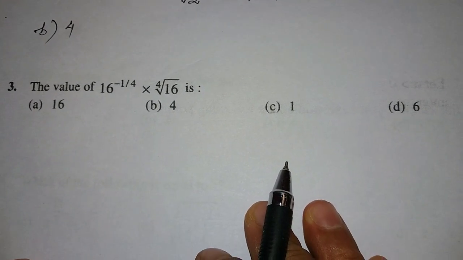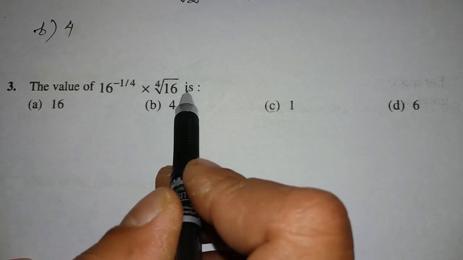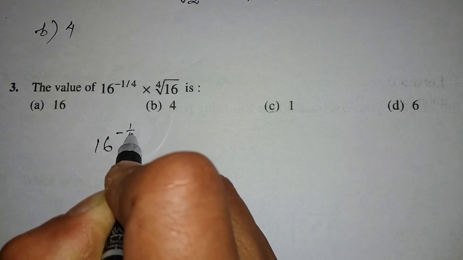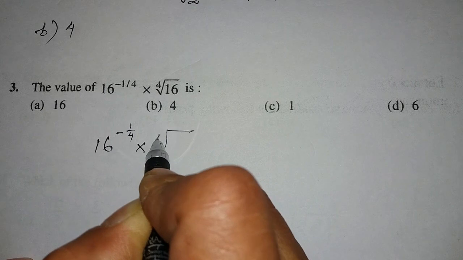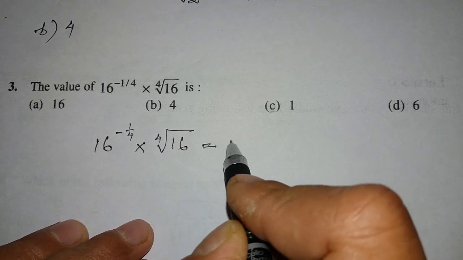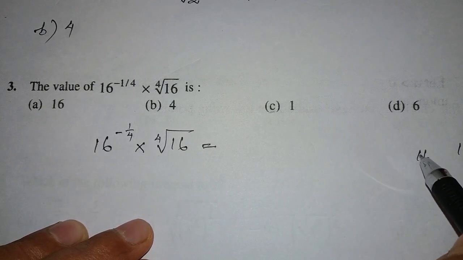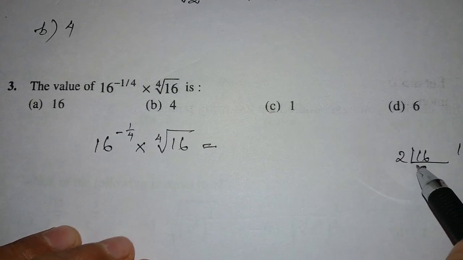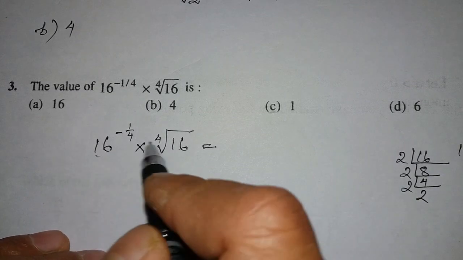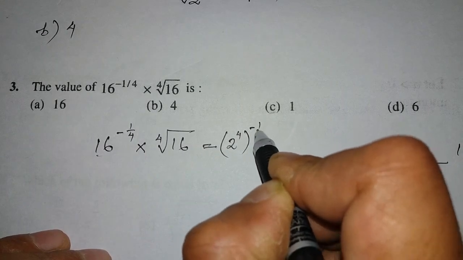The value of 16 raised to the power minus 1 by 4 into 4th root of 16. 16 to the power minus 1 by 4 into 4th root of 16. Okay, this is equal to, 16 is 2 to the power 4. 2 4s are 8, 2 2s are 4, so 16 is 2 to the power 4.